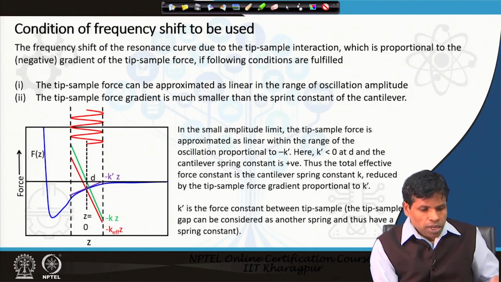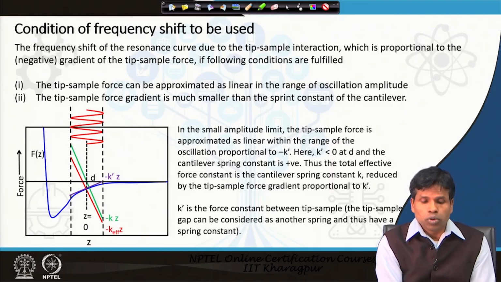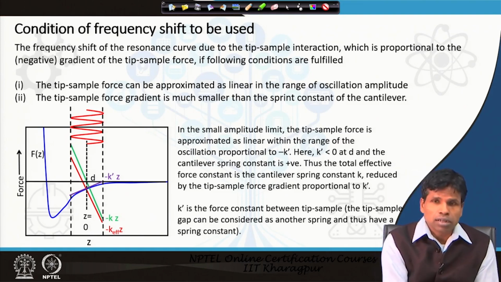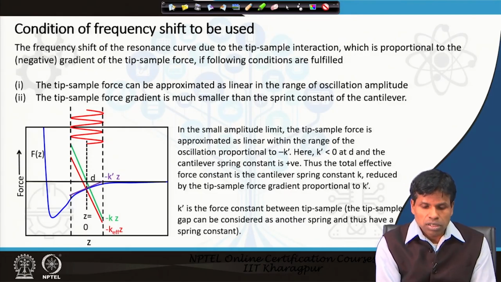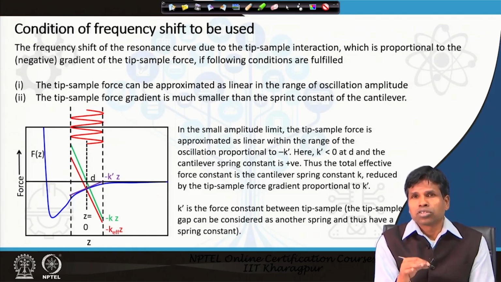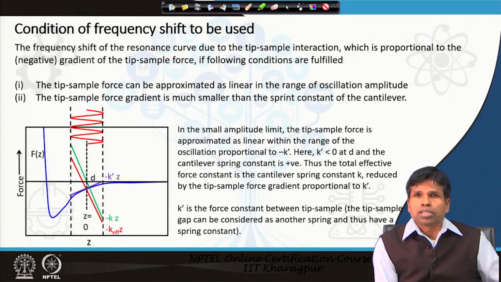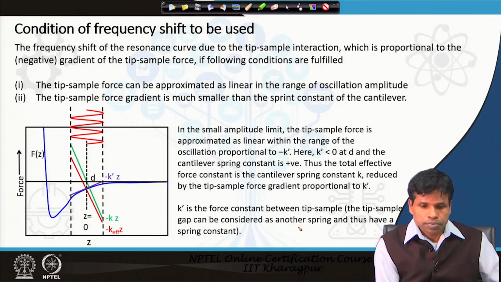Accordingly, using this linear principle, we can see a frequency shift, and the frequency shift is directly related to the effective spring constant, and that helps us measure the tip sample interaction, and tip sample interaction provides us the surface topology.